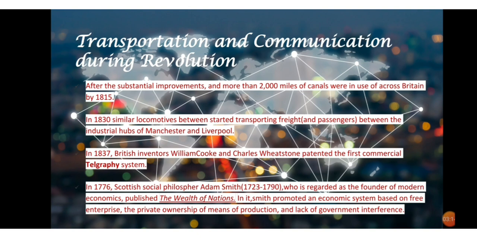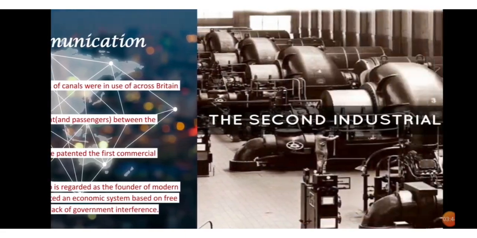In 1837, British inventors William Cooke and Charles Wheatstone patented the first commercial telegraph system. The Scottish social philosopher Adam Smith, also regarded as a founder of modern economics, published The Wealth of Nations, which promoted an economic system based on free enterprise, the private ownership of means of production, and lack of government interference.